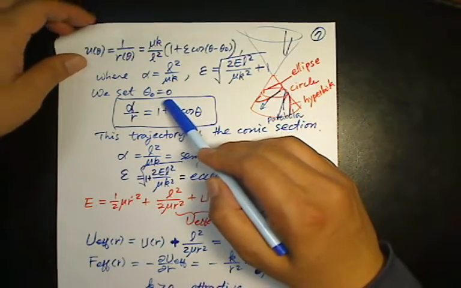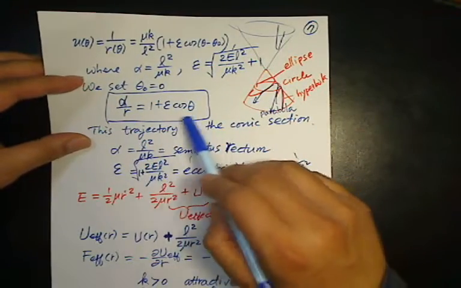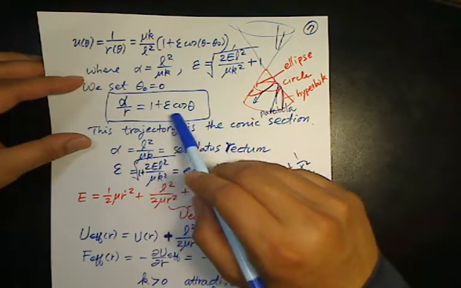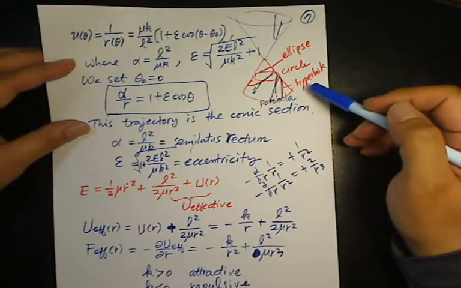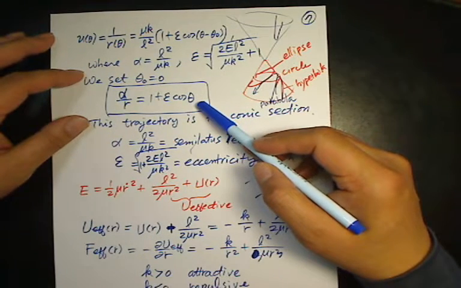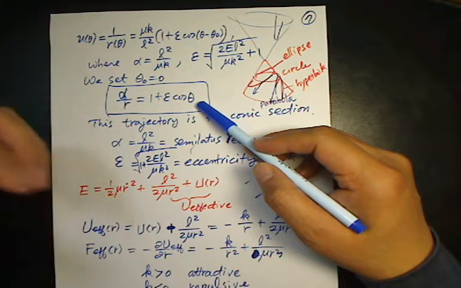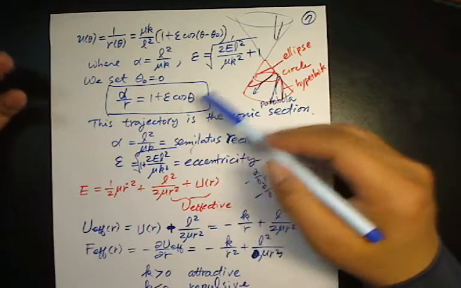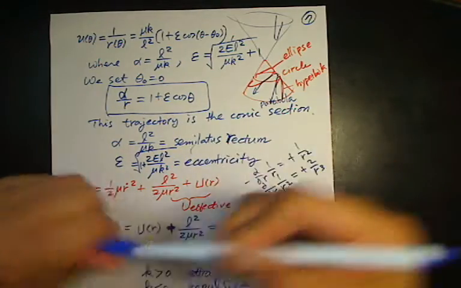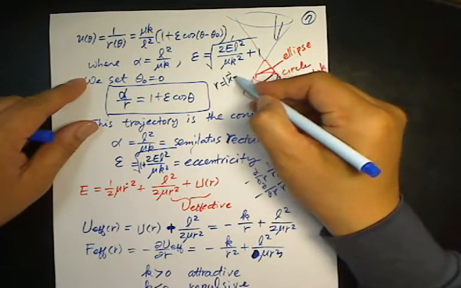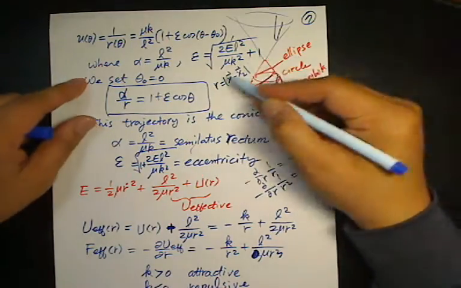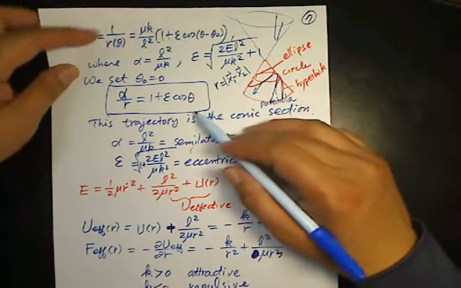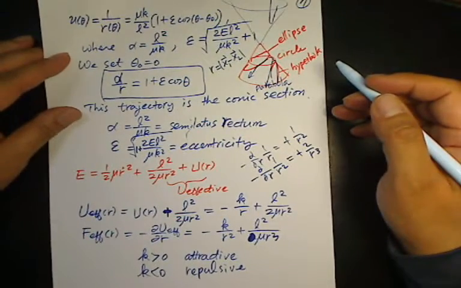The polar equation becomes r equals alpha over 1 plus epsilon cosine theta. Here we remember this theta is the orbital angle. We began with the 2D polar coordinate system, and the Lagrangian was written in the relative coordinate, r, that is the absolute value of the difference in the position, the displacement between the two interacting particles, and the angle, the orbital angle.